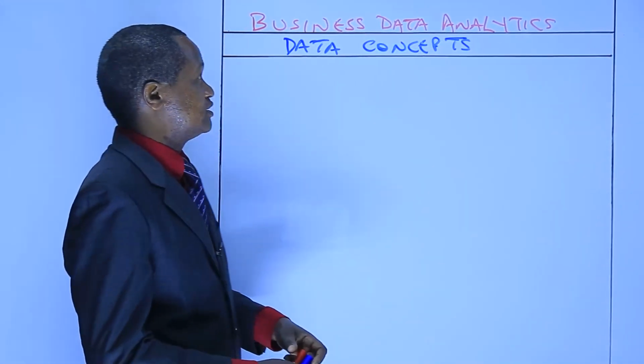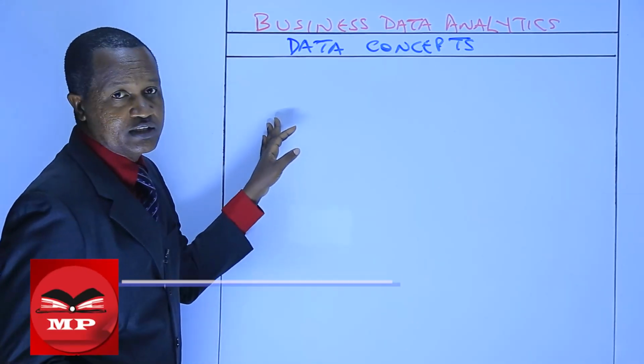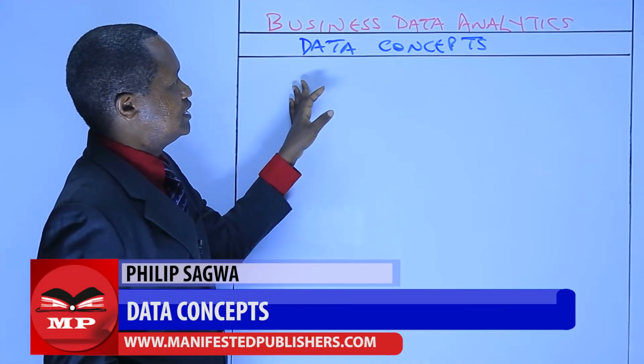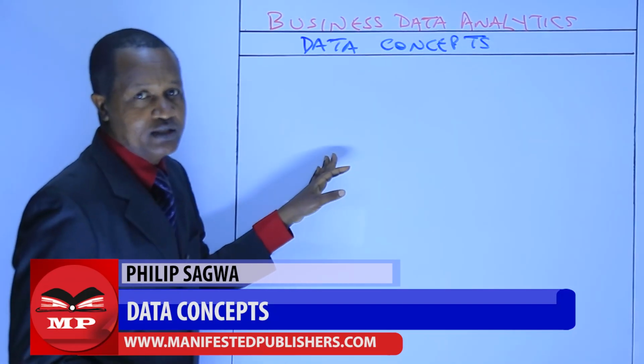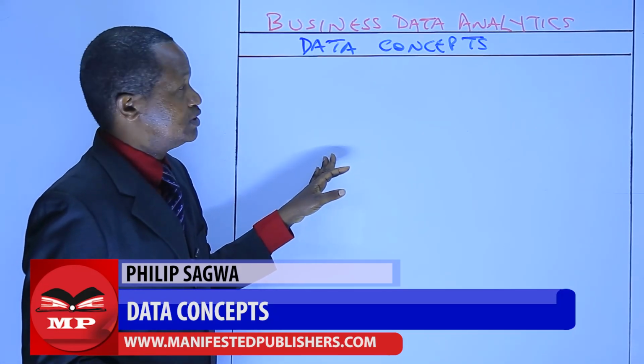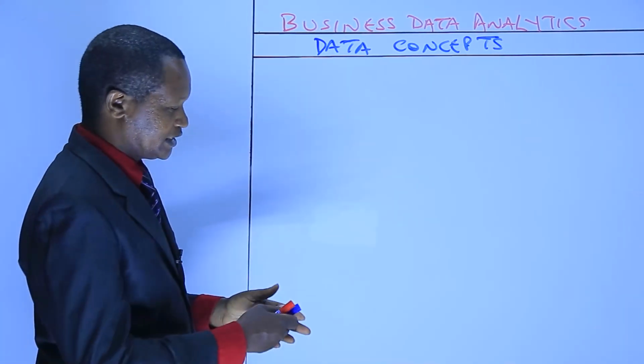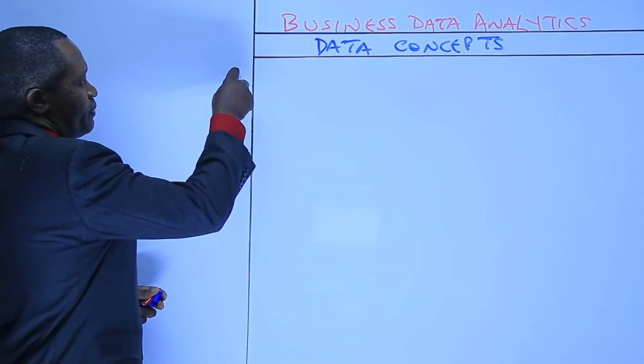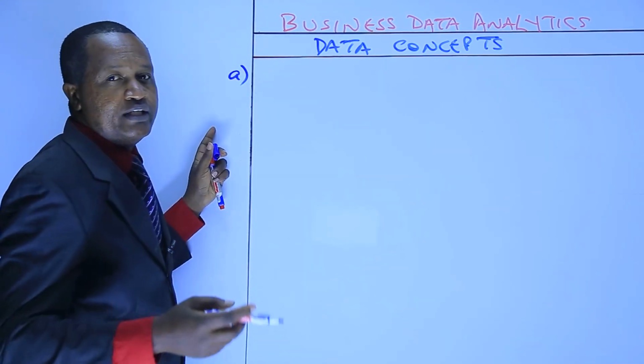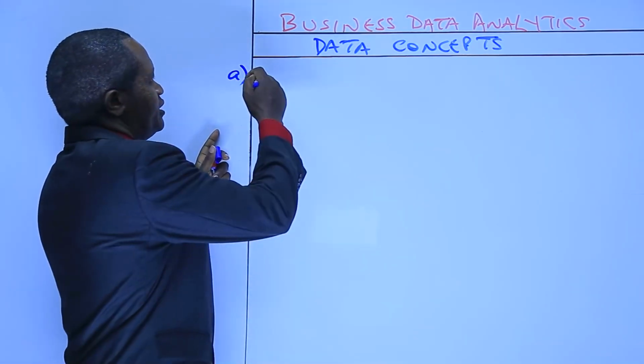The subject is business data analytics. Today we're going to study data concepts, and by the end of this lesson you should be able to explain three data models. One being the conceptual data model.